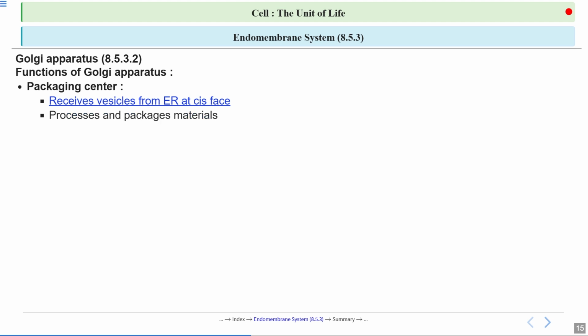Now, Golgi apparatus processes and packages the material. Then it delivers to either intracellular destinations or outside the cell as well, meaning extracellular. Clear? So it is involved in processing, packaging and transport as well. This is the function of Golgi apparatus.